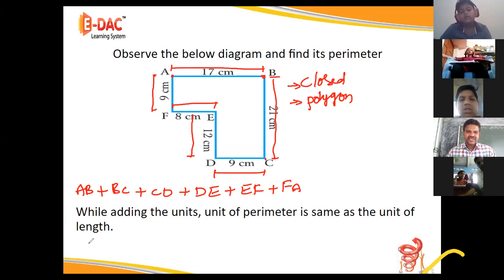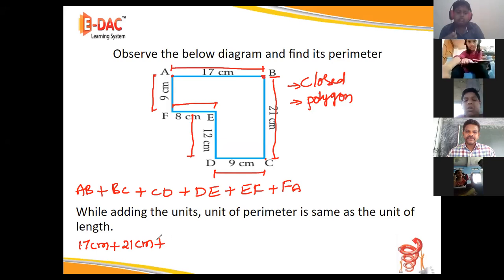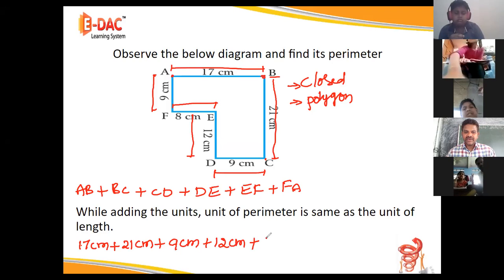What are the lengths given? AB is 17 centimeters plus BC is 21 centimeters plus CD 9 centimeters plus DE 12 centimeters plus EF is 8 centimeters plus FA, that is 9 centimeters.